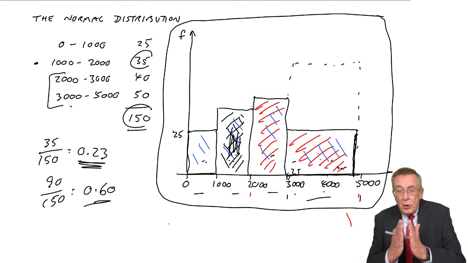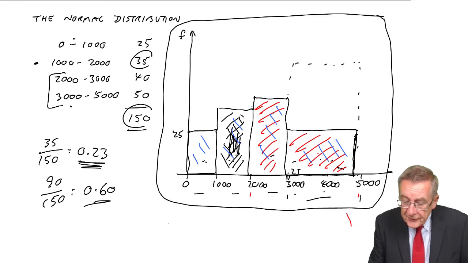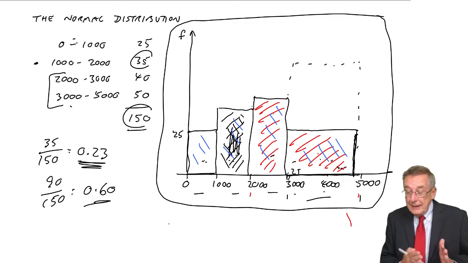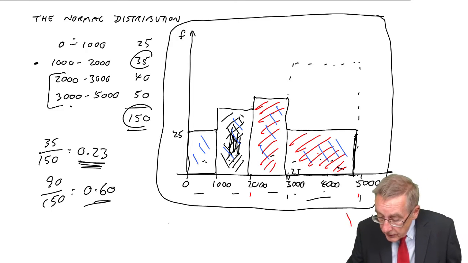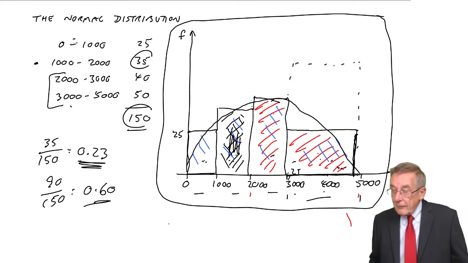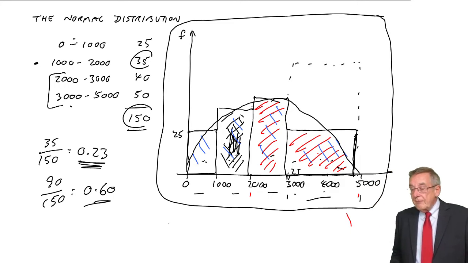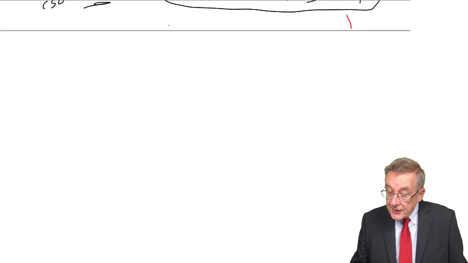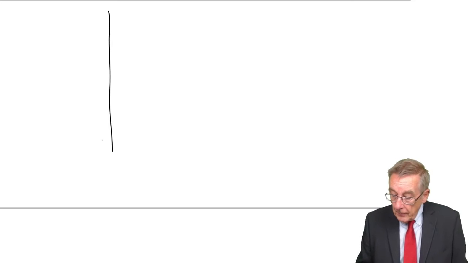If I had smaller and smaller ranges, if it was groups of 500 instead of 1,000, or groups of 10, gradually this would turn into a curve. And we call it a frequency curve, a frequency distribution.